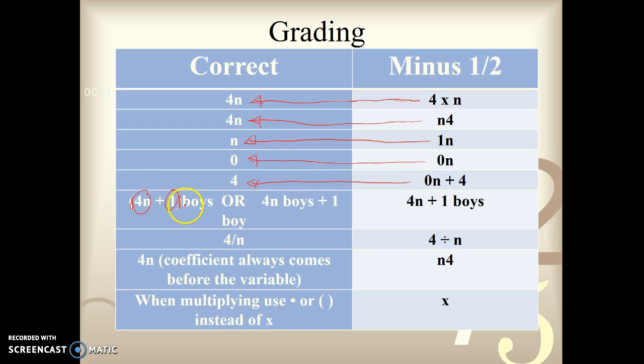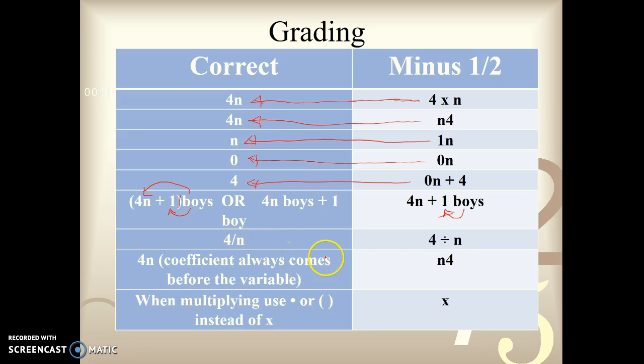What that means is that the label boys applies to both the 4n and the 1. Or you could write 4n boys plus 1 boy. That'd be fine. But what is not correct is 4n plus 1 boys. And here's why. When you write it this way, it means that the label boys only applies to that 1 right there and not the 4n. And so that is incorrect. You don't want to write it that way.